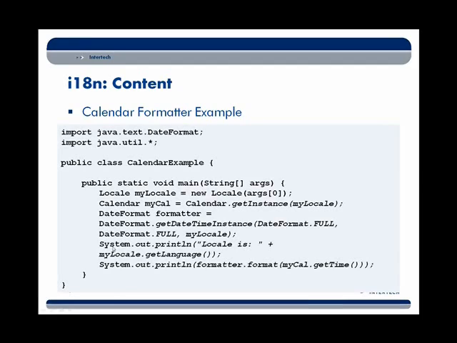How verbose do I want this date and time? So in this case, I'm using full, which is very verbose. Spells out the complete time and the complete date. And I also pass in my locale. That's going to return to me a formatter that I can use. Finally, all I'm doing is printing out using the formatter, passing in the time that's inside of my calendar, and I now have a localized date.